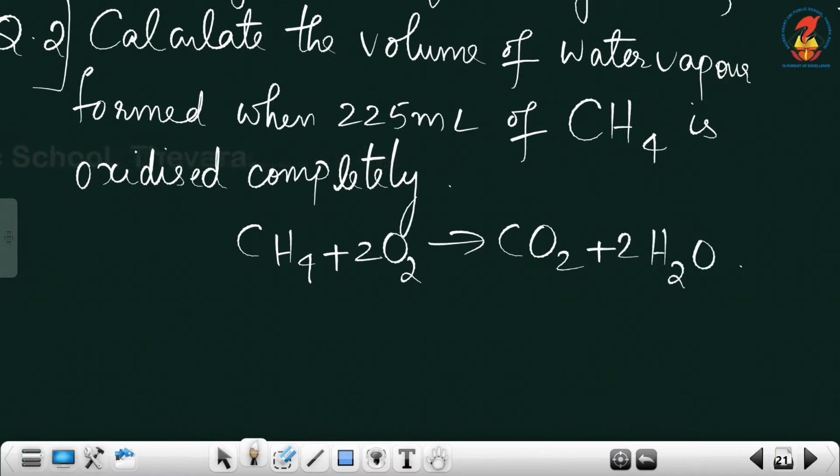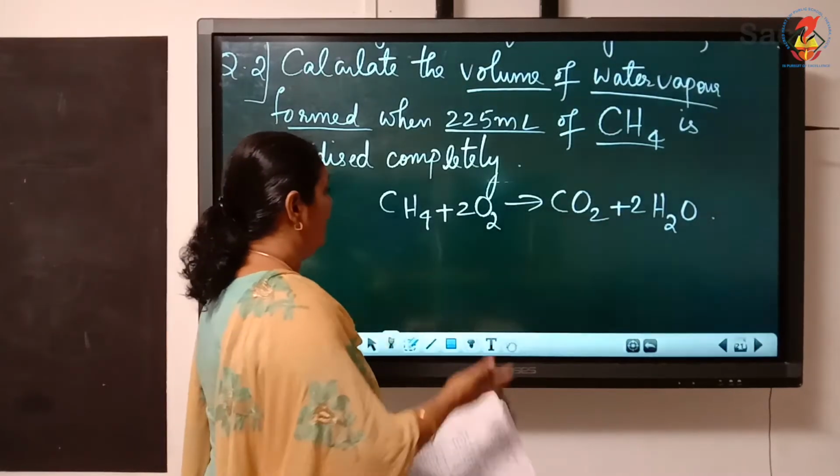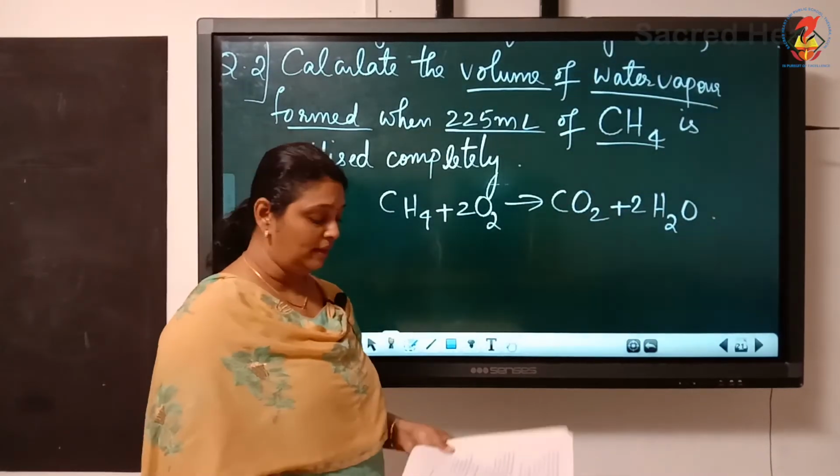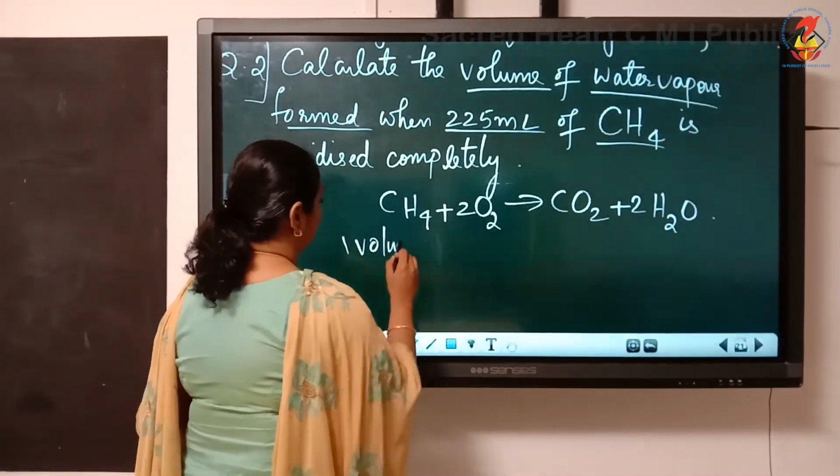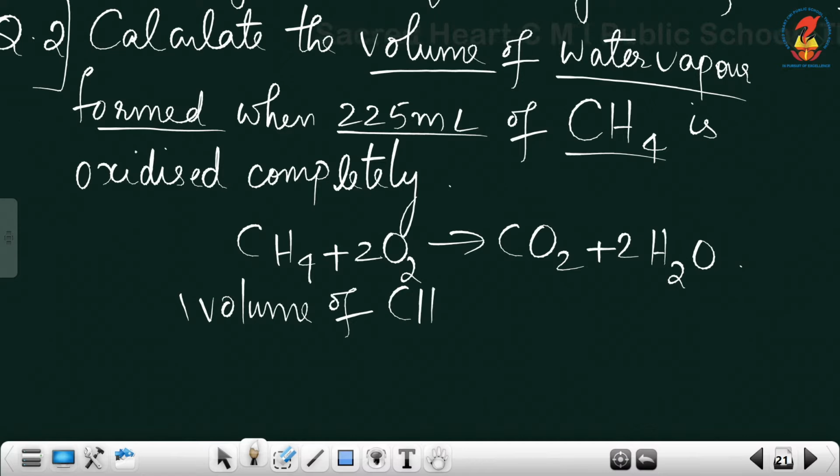The question is to calculate the volume of water vapor formed when 225 ml of methane is oxidized completely. According to the balanced equation, 1 volume of methane will give 2 volumes of water vapor.